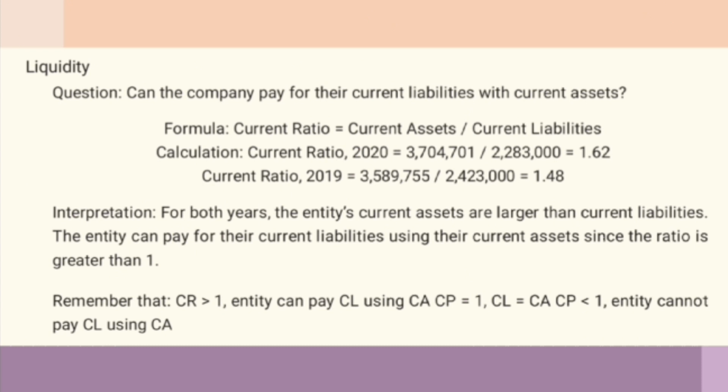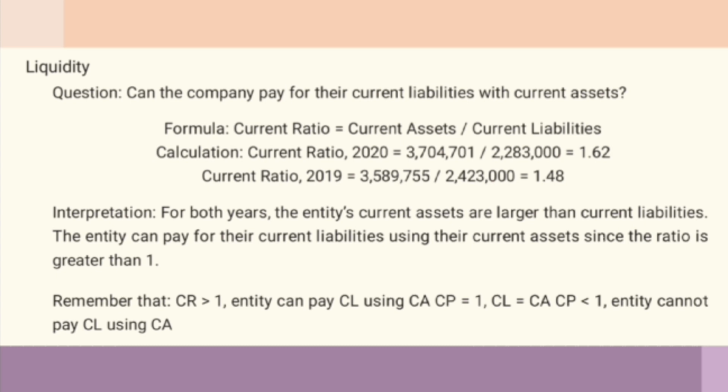So, our calculation would be like this. For 2022, kunin nyo po yung current assets for 2022 which is 3,704,701. Divide po natin sa ating current liabilities na 2,283,000 which will give us a current ratio for 2022 of 1.62.